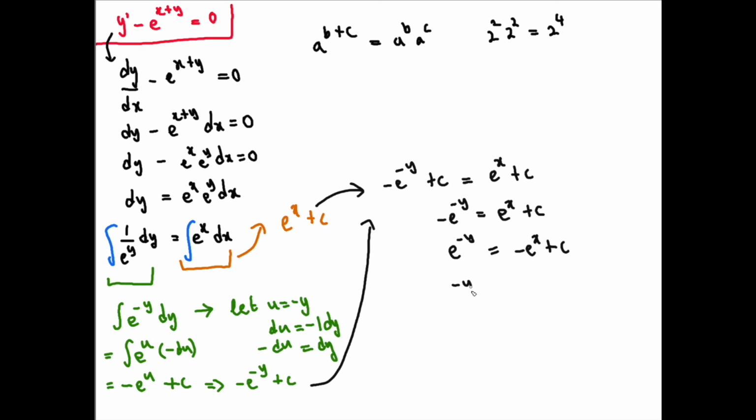That would give us minus y equals the log of minus e to the x plus c, and y equals minus the log of minus e to the x plus c. And that's the answer.